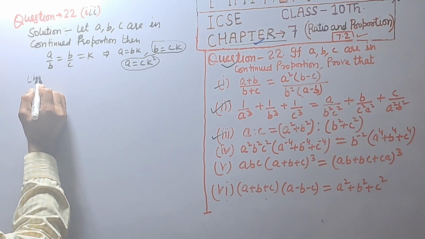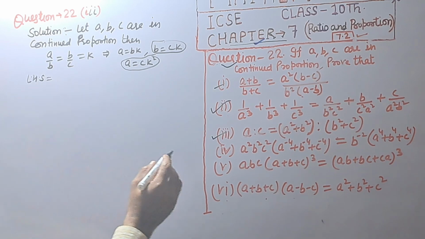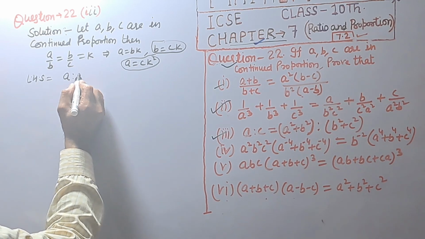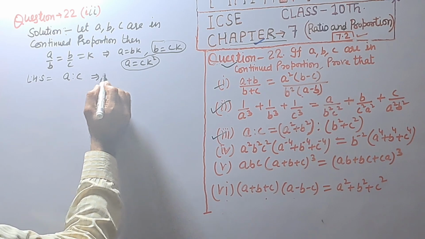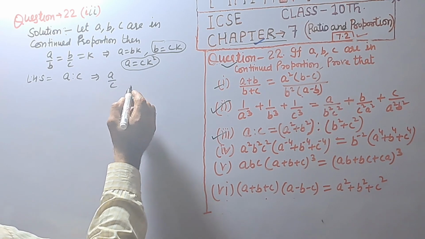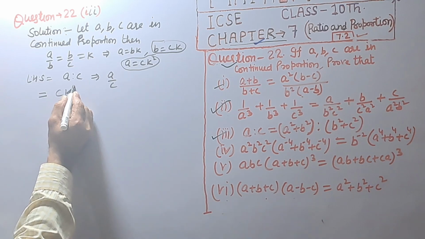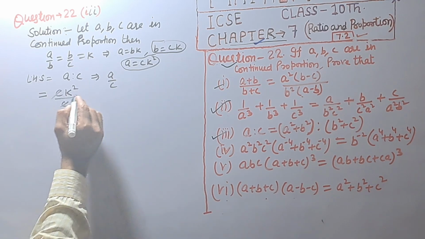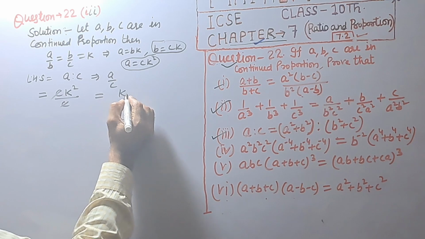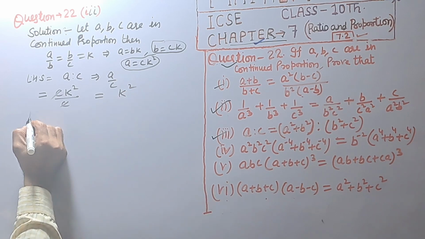Left hand side is equal to a ratio c, which implies a upon c equal to a is equal to c k square divided by c. This is cancelled and we get left hand side, that is equal to k square.